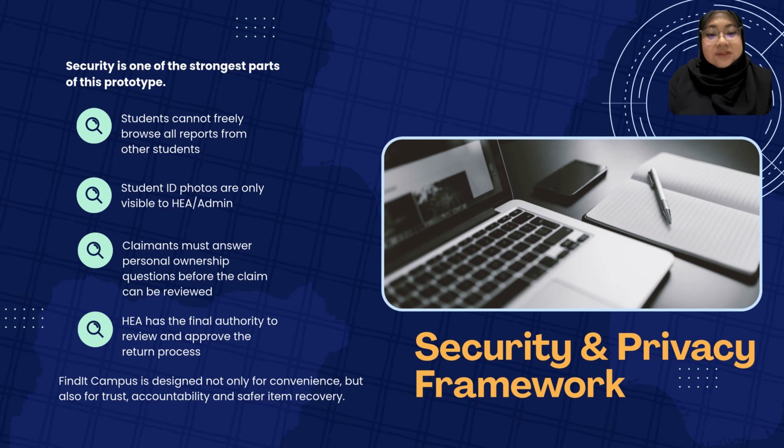Overall, Find It Campus is designed not only for convenience but also for security, trust, and accountability by combining identity verification, privacy protection, ownership verification, and human review. Next, Marianne will explain the project innovation result, reward concept, commercialization potential, and conclusion.